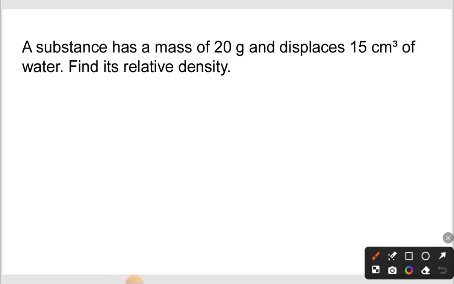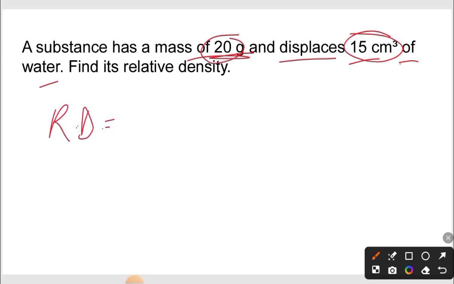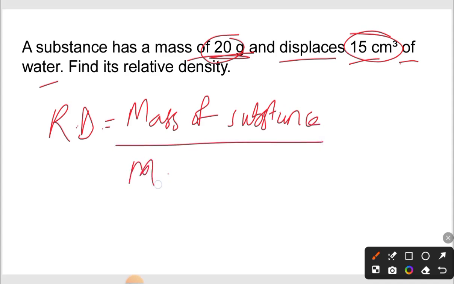Now in the next one, a substance of mass 20 grams displaces 15 cm cube of water. Find its relative density. The volume of water displaced equal to the mass of water displaced. Relative density equals, over here we are dealing with mass. So the mass of the substance over mass of water.